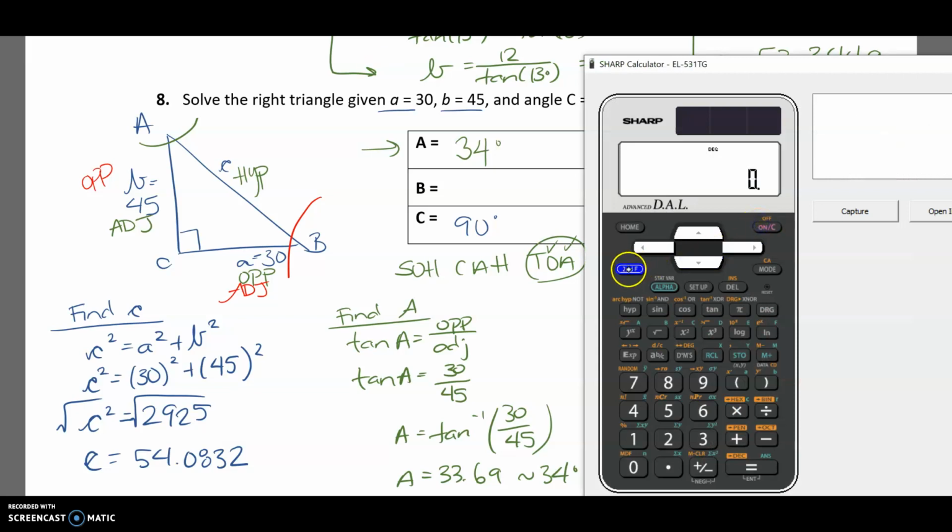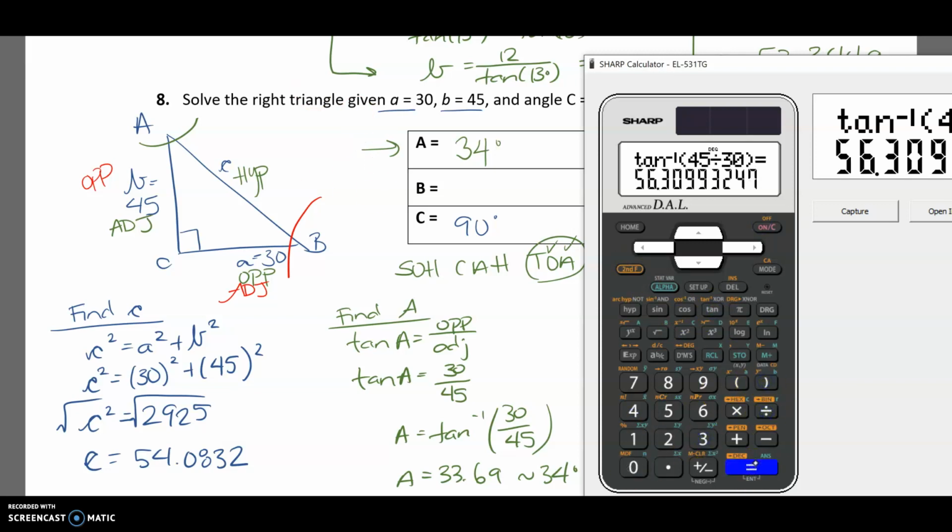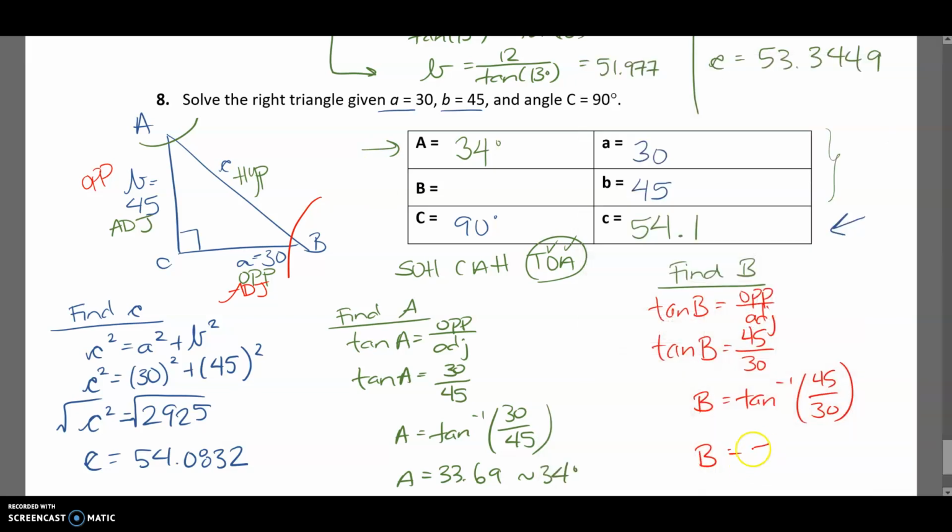So second function of tan, bracket 45 divided by 30 is 56.3099, or about 56 degrees. Now I can check and make sure all my angles add up to 180 degrees, which they do.